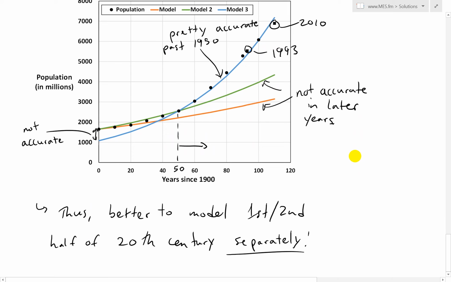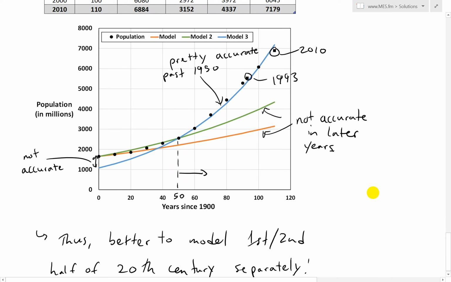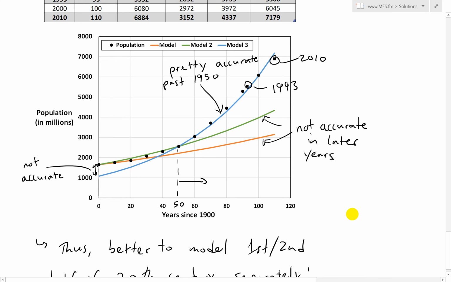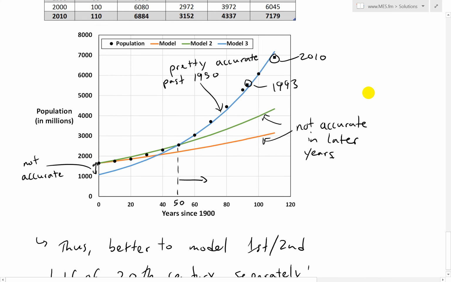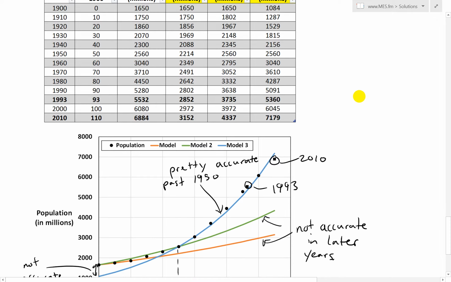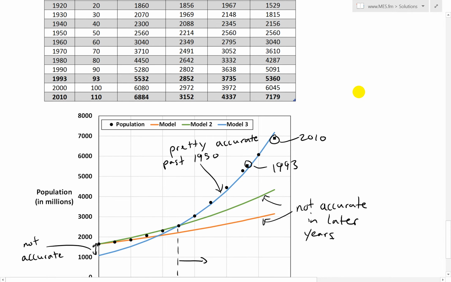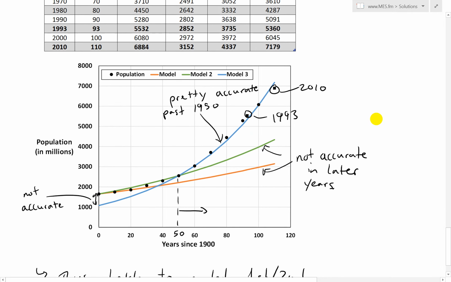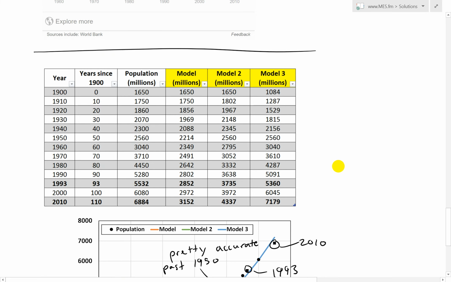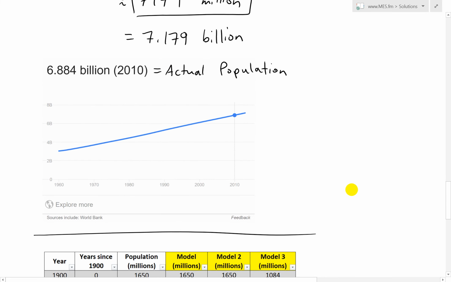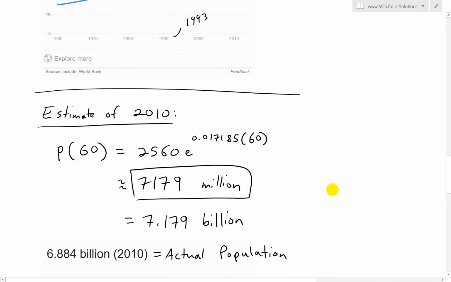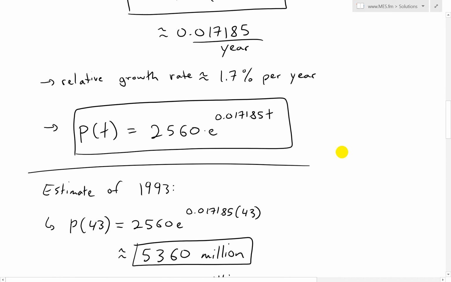So you can't always assume it's going to be growing at the same rate. So sometimes it is better to break it up into two. For example, here I broke it up into two. This model is better for later years. The earlier models in example 1 are better for the initial years, because those ones model from the initial 1900 as opposed to 1950.